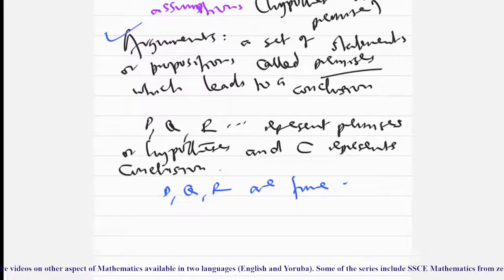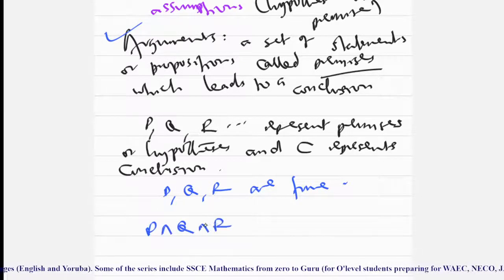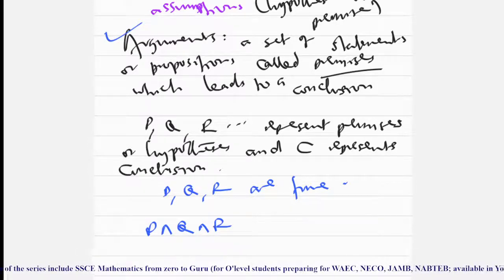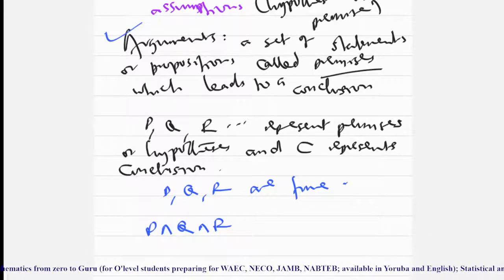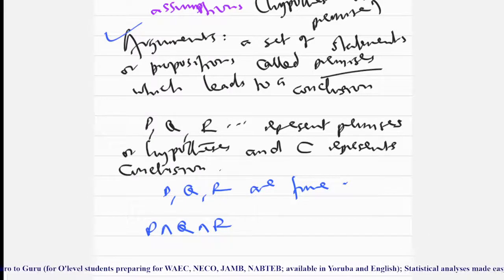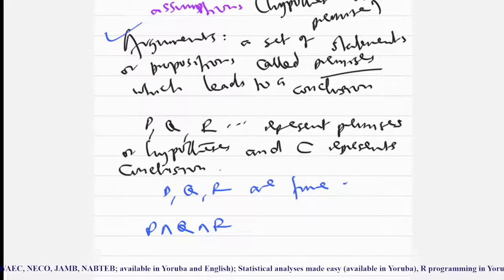In other words, an argument is said to be valid if the conjunction of the compound statements P, Q, R implies C. Don't forget one of the properties of conjunction is that when you are using conjunction as your connective, before you can say it is true, both statements must be true, or even if there are more than two statements, all of them must be true.